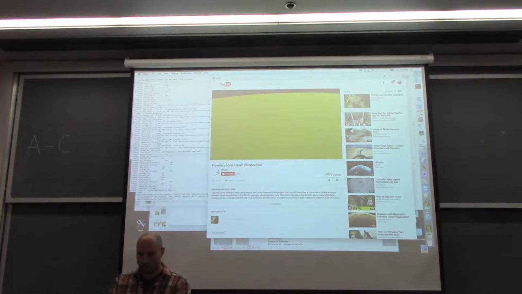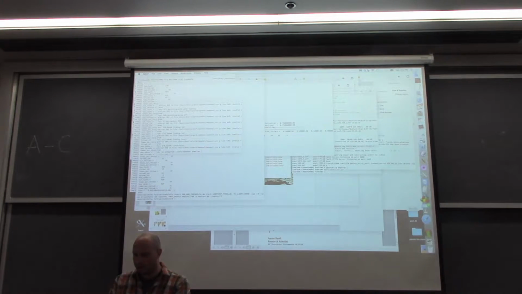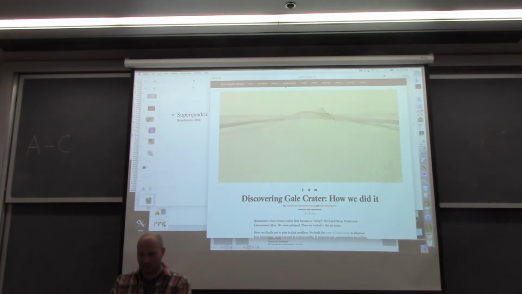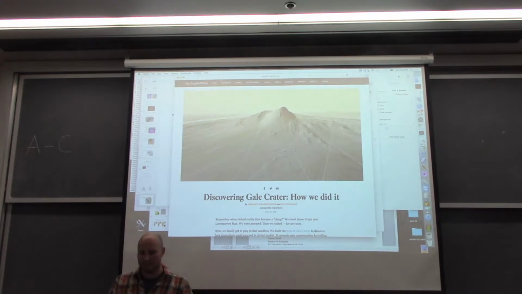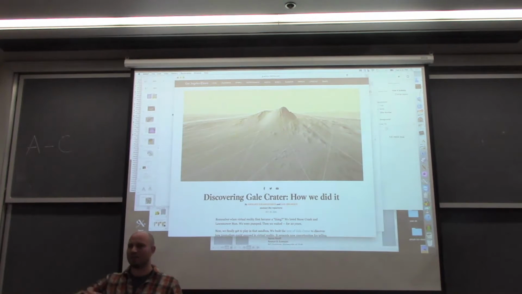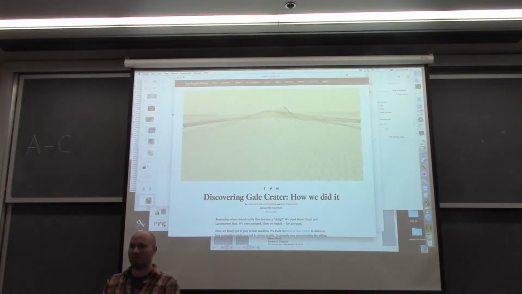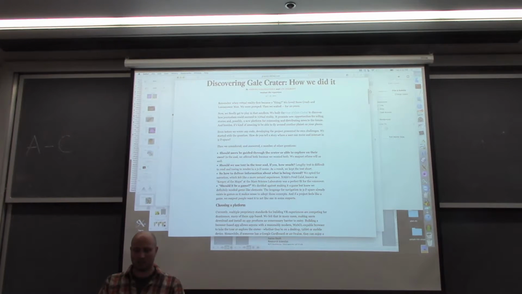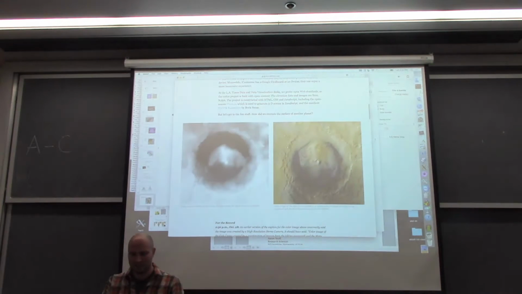And let's see if I can go back to the Three.js example. Hopefully they did not take this down. So this one was kind of neat. This is a project that was created by the LA Times to explore a DEM scan from satellite over Mars, looking at the Gale crater on Mars. And they actually have a sort of tutorial on how they did it.